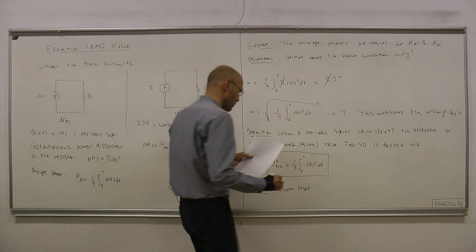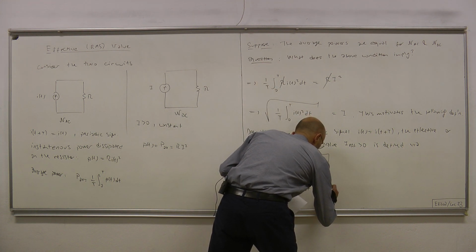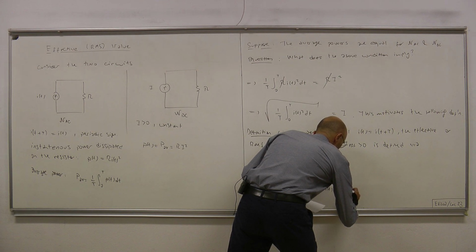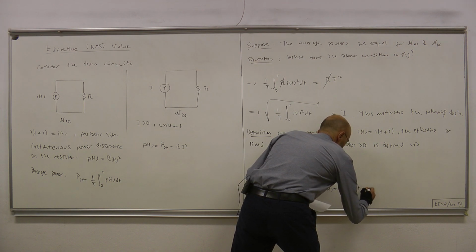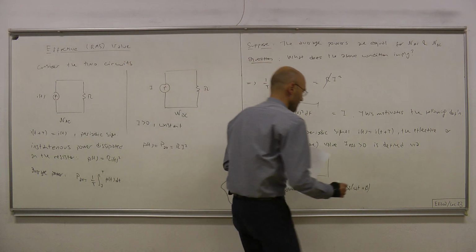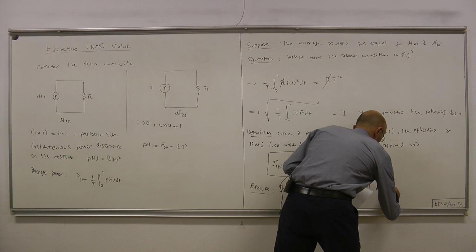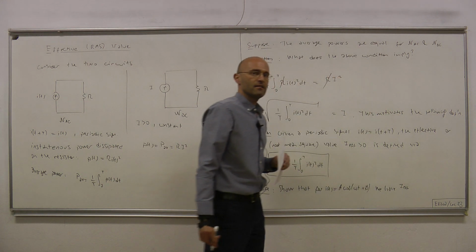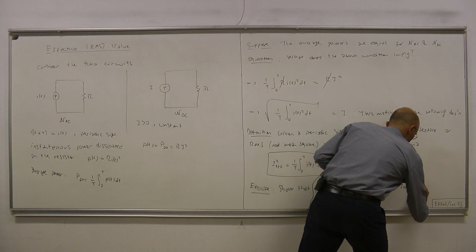Show that for a sinusoidal signal, A cosine omega t plus phi, we have I RMS or I effective equals, okay?